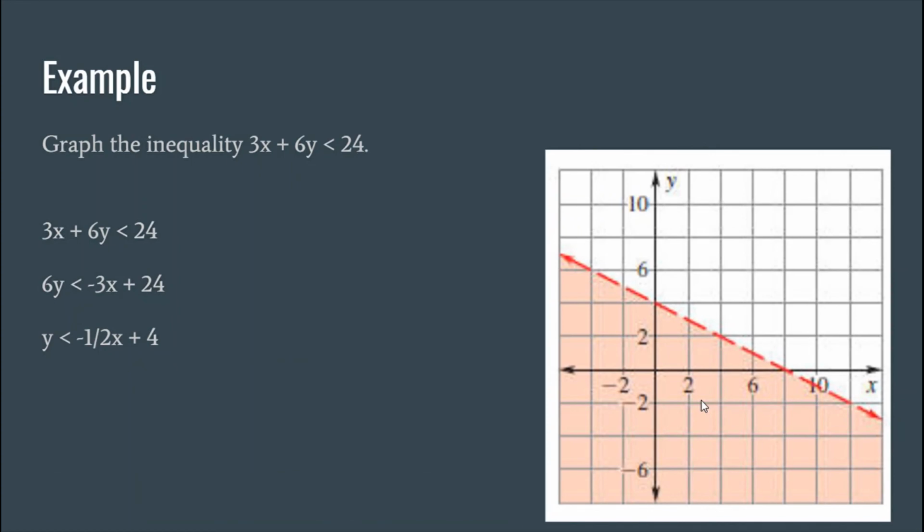Since we have y is less than, we're going to shade below the graph. That's why this area here is shaded in. And that's a much quicker way than using the test point method. It's a shortcut. Definitely use it with caution, because you want to have your inequality set up in this form here rather than the opposite way, because it's going to be more confusing the opposite way.